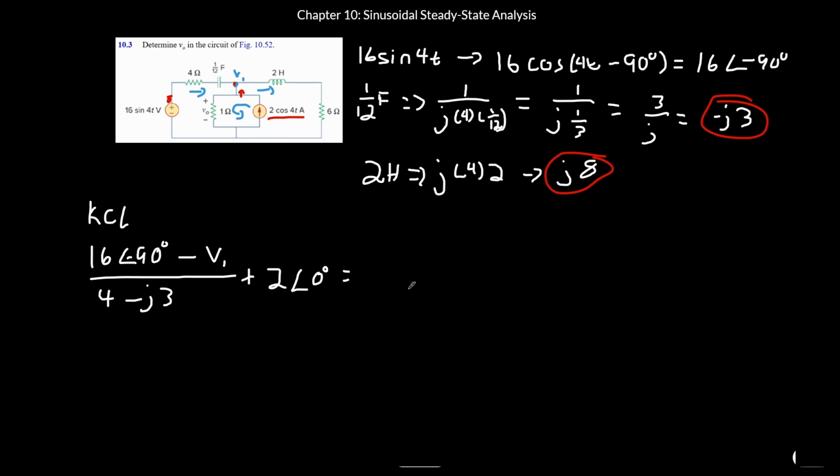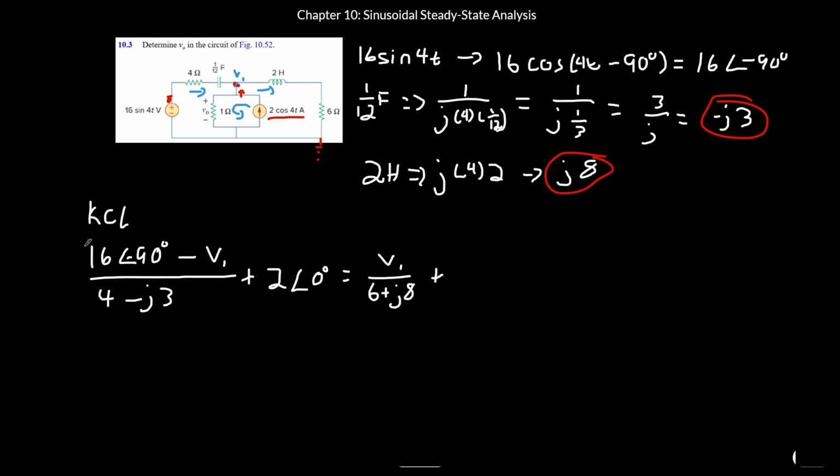This will simply be equal to V1 over, I would say, makes sense to me that we are going from our ground state to up here. So this is just going to be our 6 plus j8.